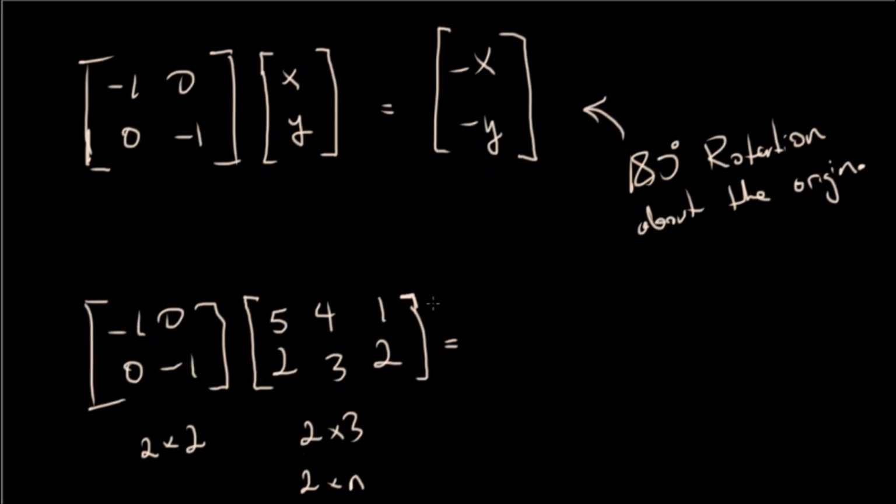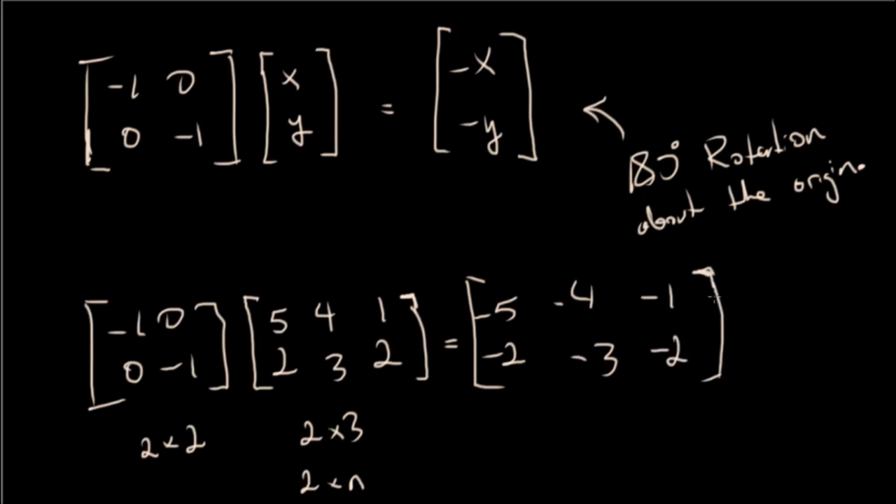Let's see what happens. We have -5, -2, which is a rotation. The point 5, 2 is now gone to -5, -2. All right, the next one we're going to have -4, -3. And then we're going to have -1 times 1 is -1, and 0, -1, that's going to be 0 minus 2, that's -2.